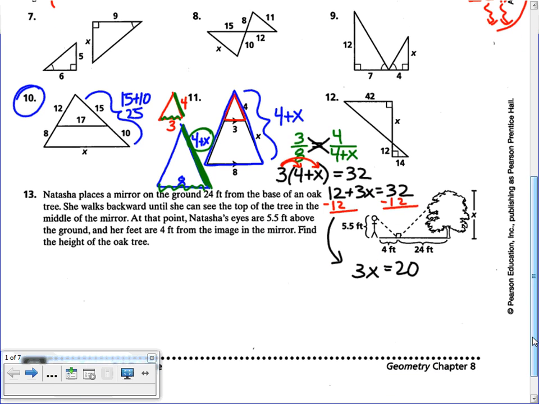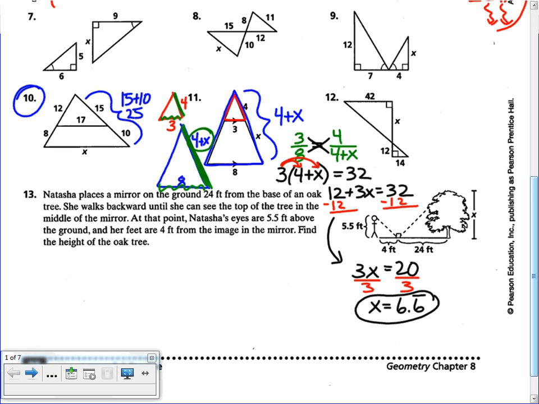And if I divide both sides by 3, I'm going to get 6.6 repeating. And that is the answer to number 11.